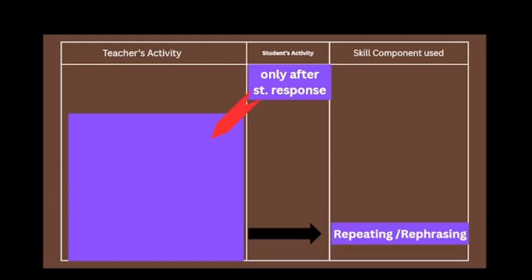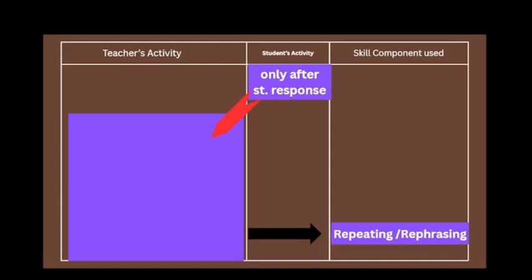Repeating or rephrasing. The teacher, sometimes in approval of what was spoken by the students, may repeat or change the structure and some of the words of what was spoken by the students to make it more meaningful or clearer.